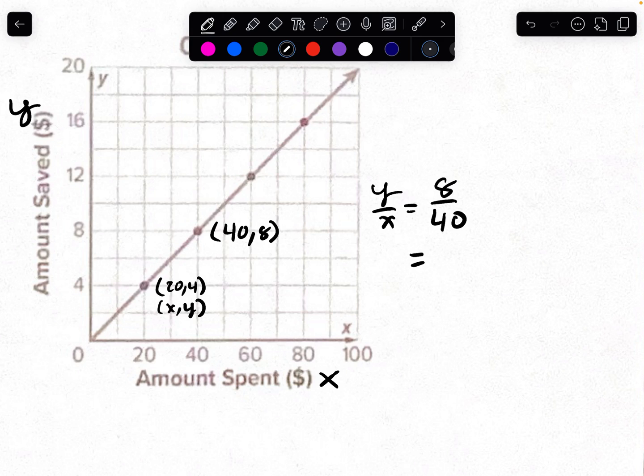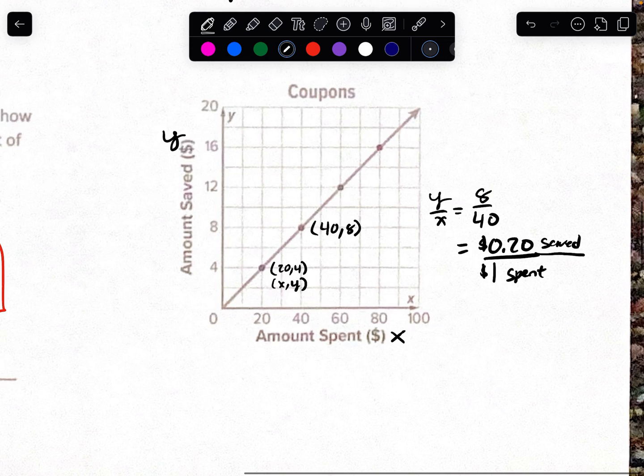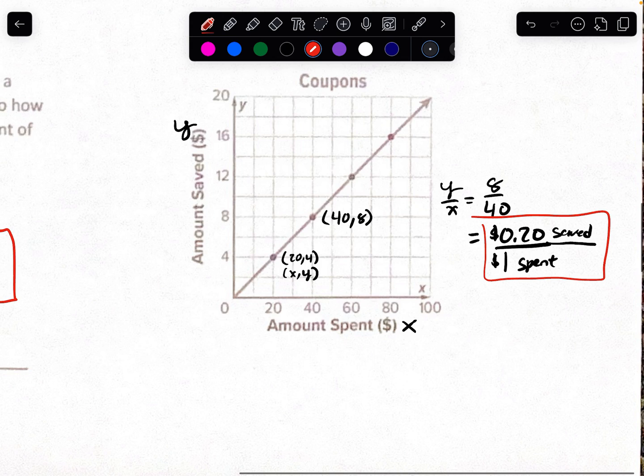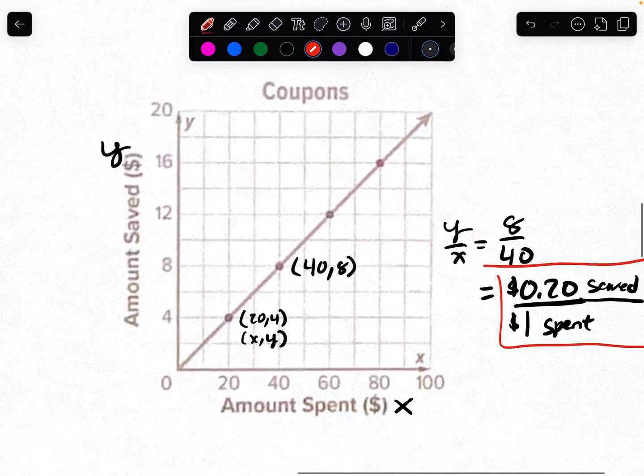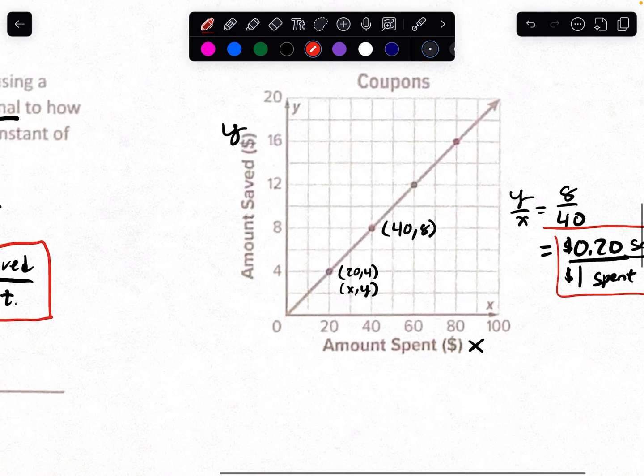That's the same thing as $0.20 over $1 spent. And again, we are getting the same unit rate. So we started from the origin, we do have a straight line, so that means all of these are proportional.